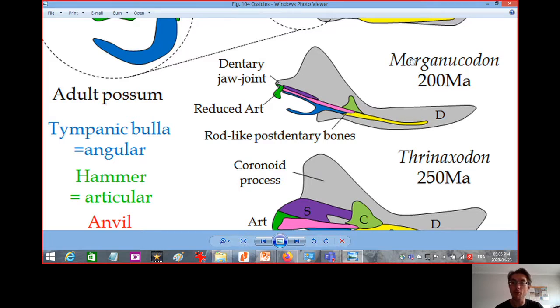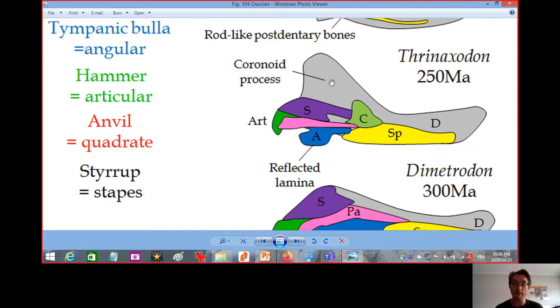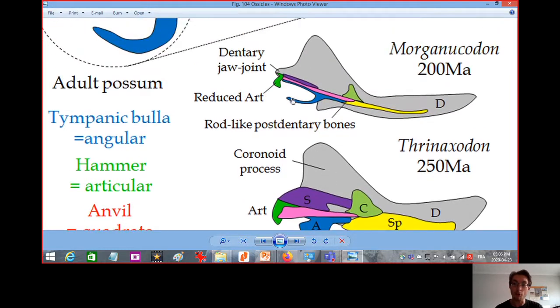So this is Morganucodon, one of the earliest mammals, so one of the most derived eusynodonts particularly. You can see that the reflected lamina of the angular has turned into this hooked tiny process on which the tympanic membrane was.